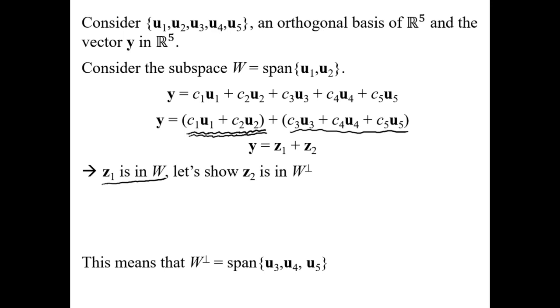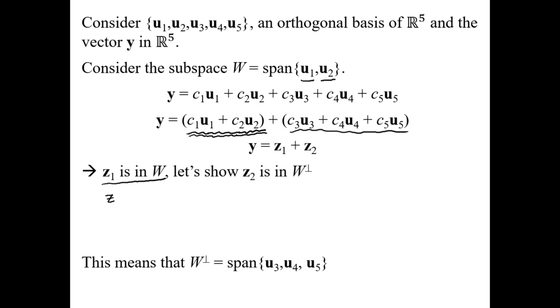What we said last class was Z2 is in W perpendicular if Z2 is orthogonal to both of the vectors that are the basis of W. So basically all I need to do is show that Z2 is orthogonal to U1 and show that Z2 is orthogonal to U2. And we do that with the dot product.